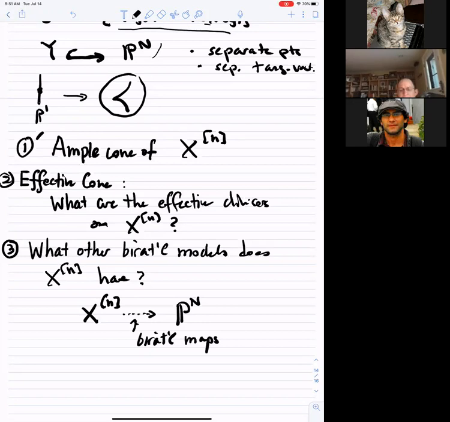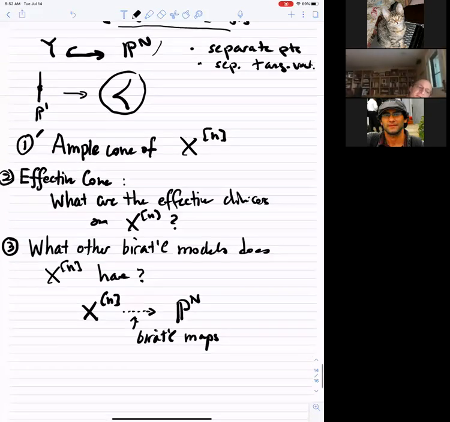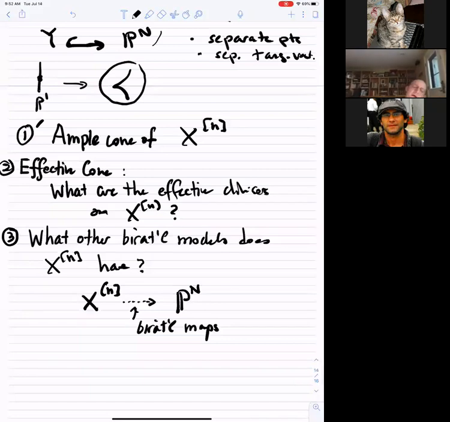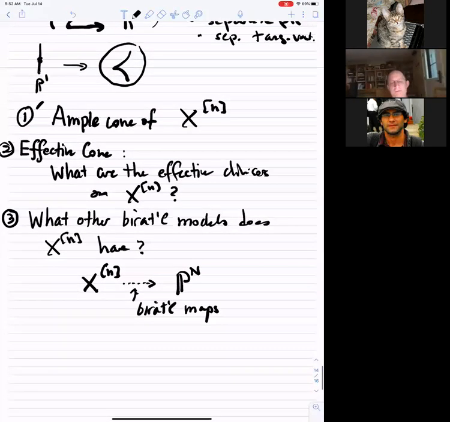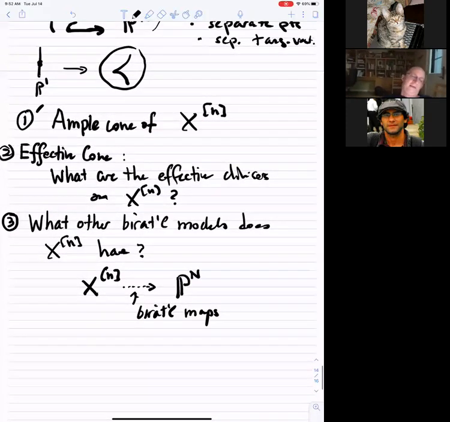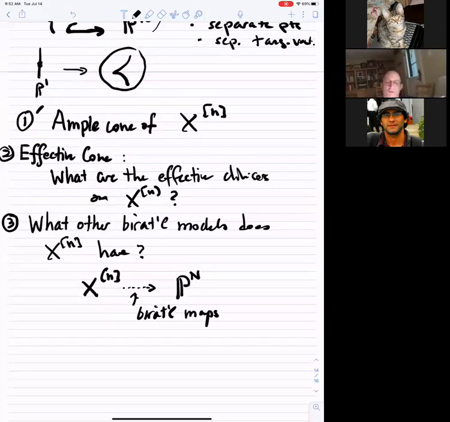The way you should think about this is that X_n gives you one compactification of configuration space. Are there other compactifications of configuration space that might be more suitable for other problems that you might encounter? For example, if you want to understand the topology of X_n, can you find some simpler spaces that lead to it?